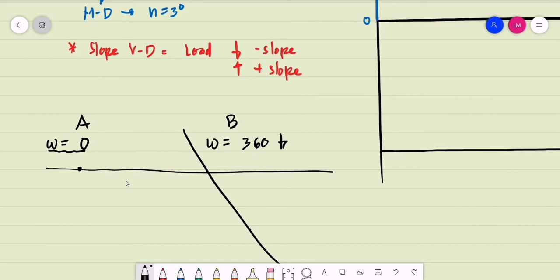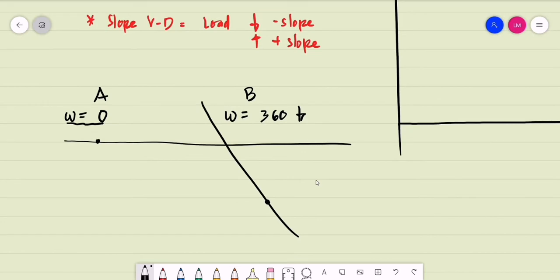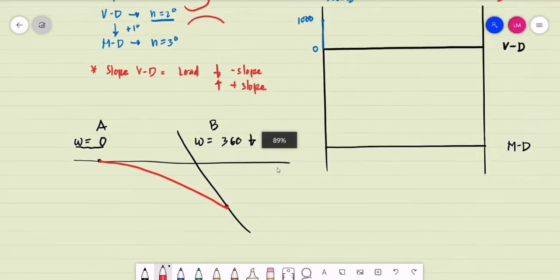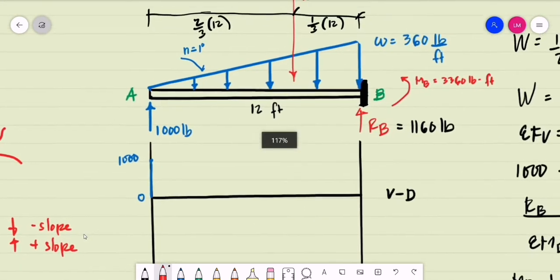So let's say this is point B. We are just to connect these 2 points with a curve, using these 2 lines as our tangent lines. If these 2 lines are the tangent lines, the curve connecting these 2 points should be a curve that opens downward for the shear diagram for span AB.